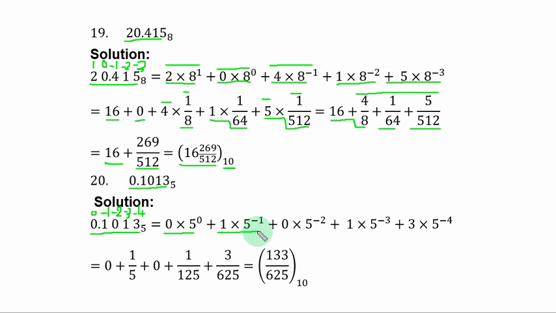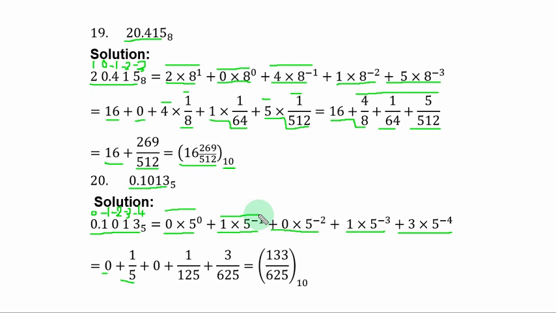So we have 0 times 5 power 0 plus 1 times 5 power of -1. We are now in the decimal part, plus 0 times 5 power of -2 plus 1 times 5 power of -3 plus 3 times 5 power of -4. This term is 0, that is what you have here. This is 1/5. You express this as 1 times 1/5.